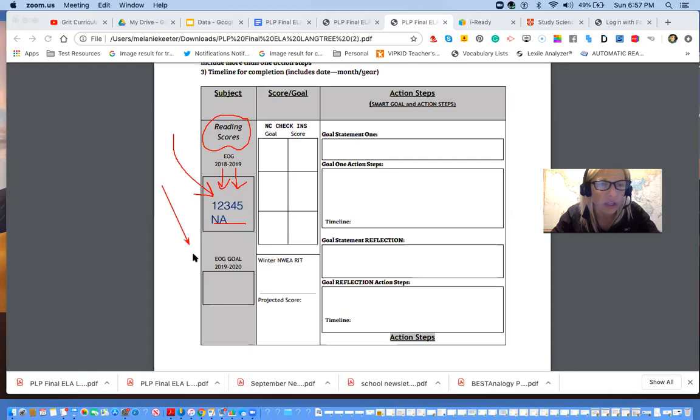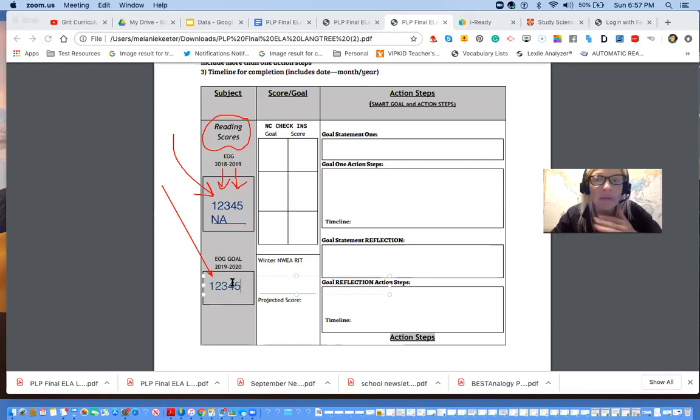So what do you want to use for your goal number this year in terms of your EOG reading goal? So 5 being the highest level of proficiency, 4 still being high, understanding that you are college and career ready, 3 being proficient, 2 being not proficient, and 1 having a lot of limitations to how well you performed on that EOG. So go ahead and write your number, what you have for a goal for your EOG, and everybody should put a goal score here.